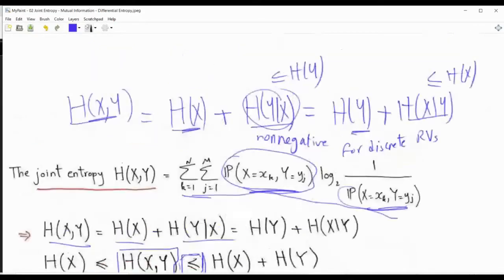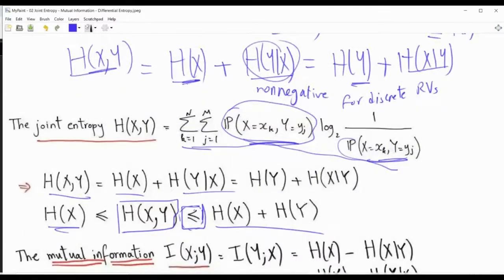No, it's not like that, because this is H(X), not H(X) plus H(Y) which we then upper bound. The problem is that this is the sum H(X) plus H(Y given X). It's not H(Y), it's H(Y given X).